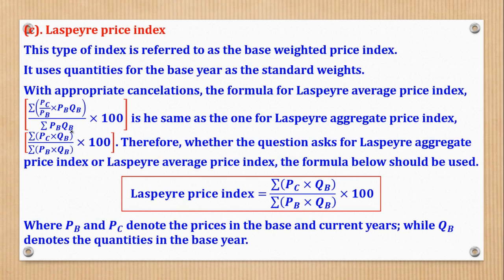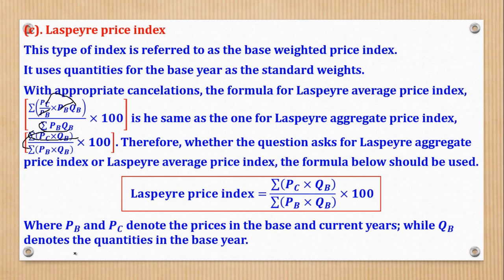How is it possible? You realize that this PB and this PB can cancel and remain with PC times QB in the numerator, which is also the same as this numerator for Laspeyres aggregate. Then the denominator is the same as the one for Laspeyres aggregate. That is why we say that they are the same.